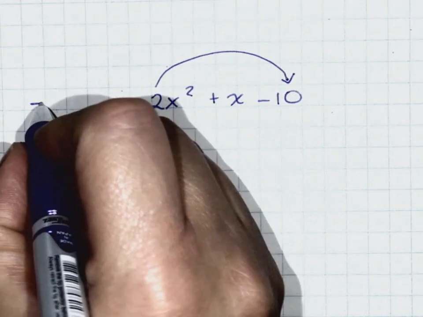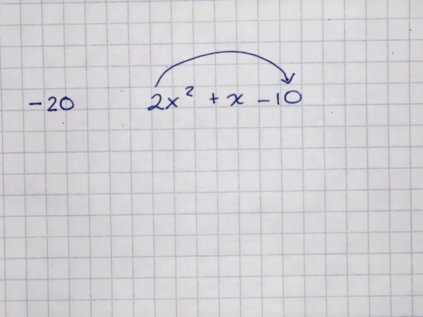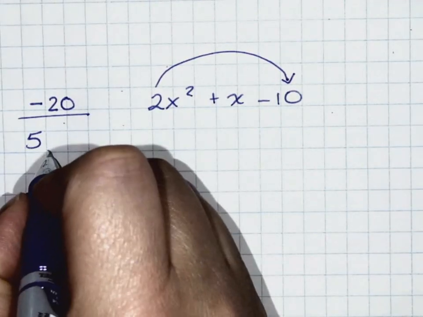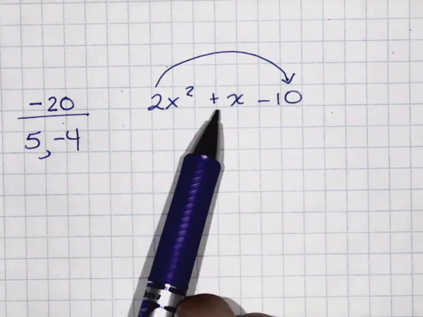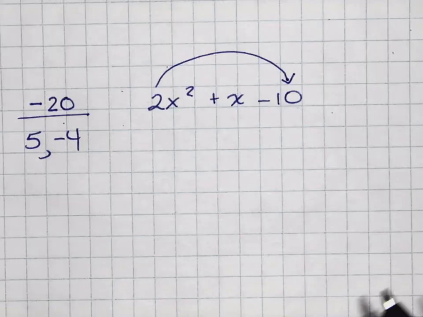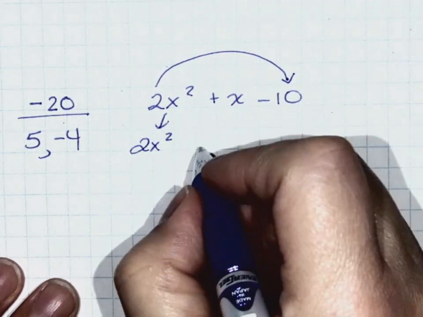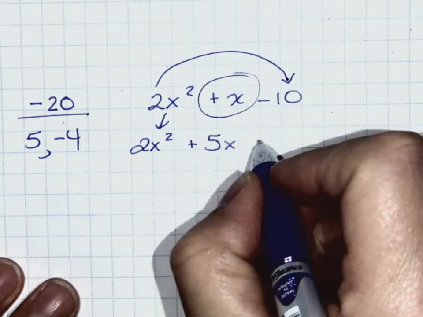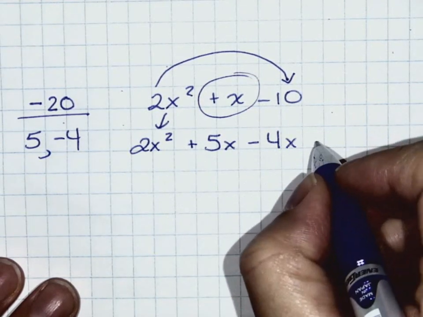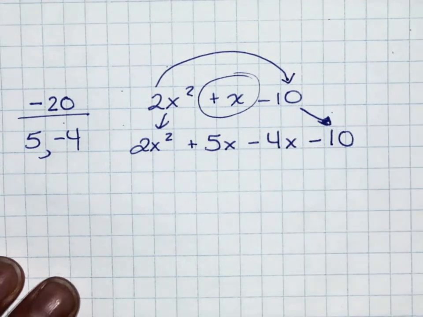I'm looking for the factors of negative 20 that add up to a positive 1. 5 by 4. We want a positive 5 because it's a positive 1. So then we rewrite the 2x squared, and I'm going to rewrite the middle into 2 terms: plus 5x minus 4x, and the 10 just gets rewritten.